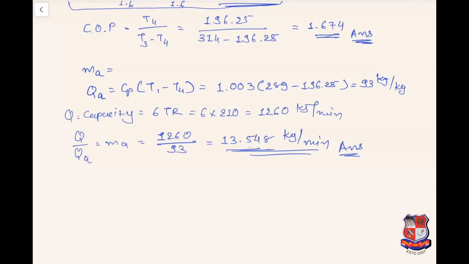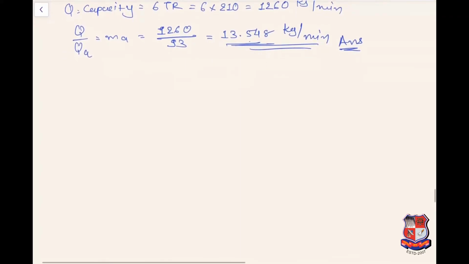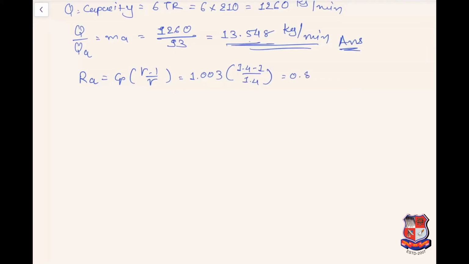Now piston displacement. Now we know that RA, that is the gas constant, the characteristic constant, is equal to Cp (gamma minus 1) upon gamma, and if we find that out, it is equal to 0.287 kilojoule per kg Kelvin, or we can say 287 joule per kg Kelvin.